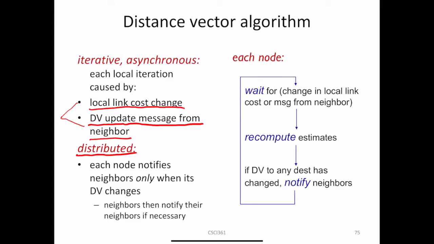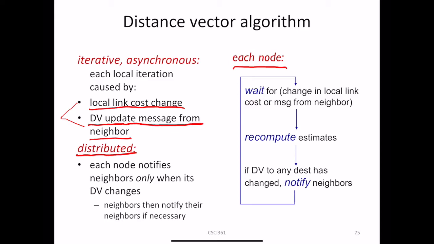However, if the current router's distance vector gets changed, it will notify its neighbors. Therefore, each node will do this set of things. The first thing is to wait for a change in local link cost or a message received from neighbors, which are two conditions.